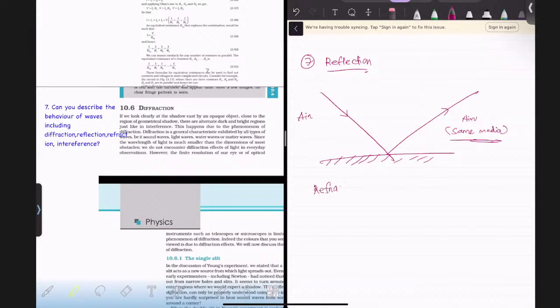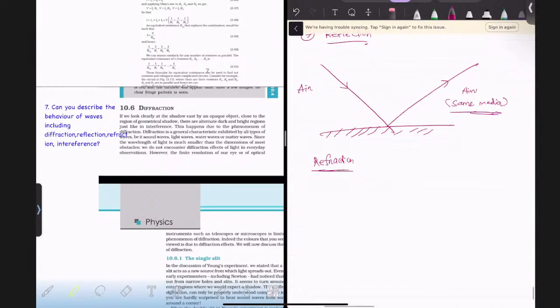Refraction क्या है? Refraction matlab if the light deviates its path, because it moves from one media to another. अगर ये एयर था और यहाँ पे वाटर है और ग्लास स्लैब है, कुछ भी, हाँ यहाँ पे एयर है और वाटर है.